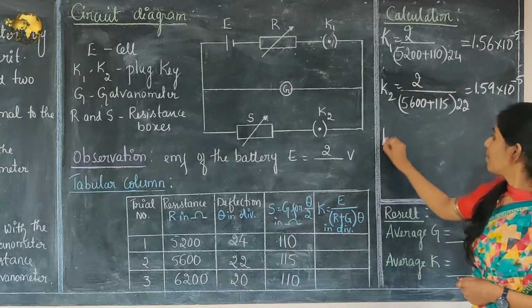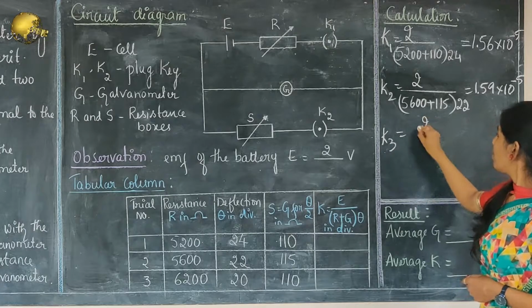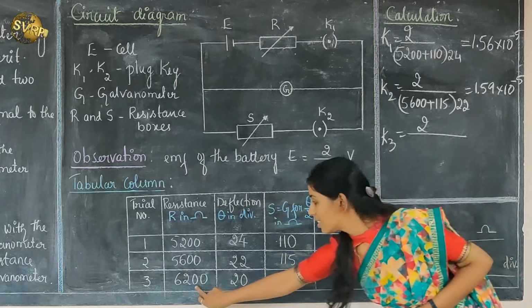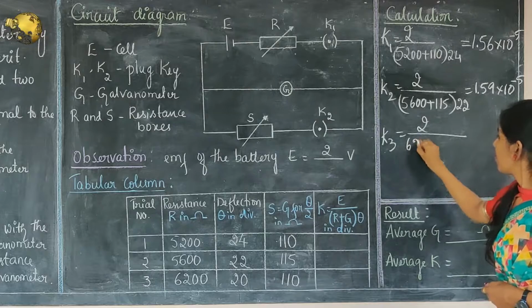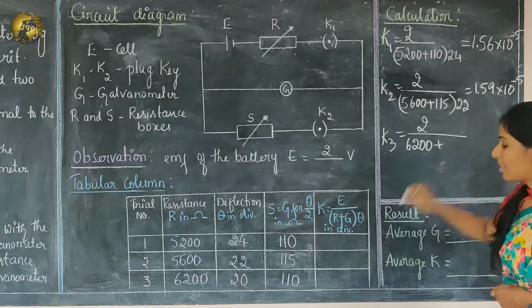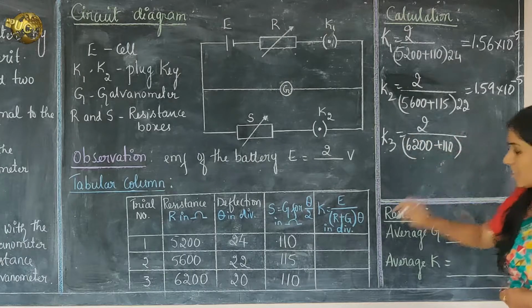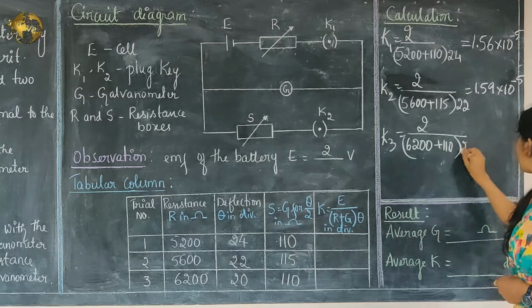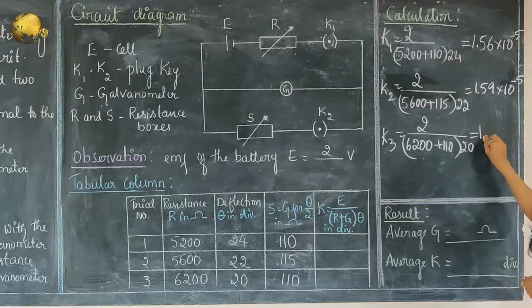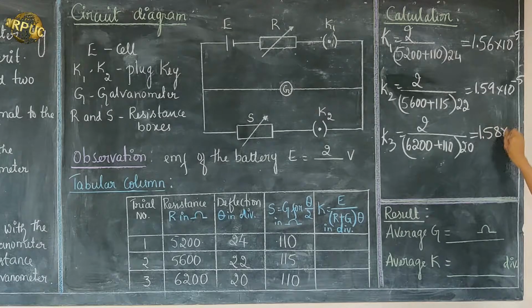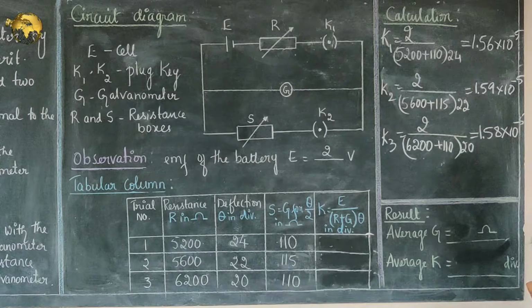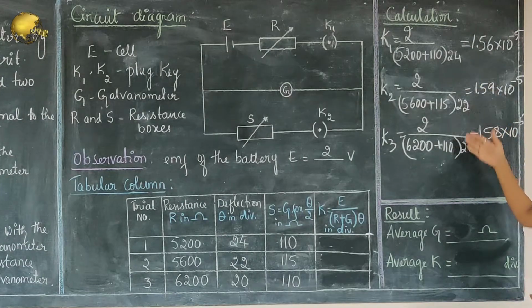Similarly, K3 will be equal to 2 divided by 6200 plus 110, into deflection, which is 20. It comes to around 1.58 into 10 power minus 5. We are done with all three calculations.